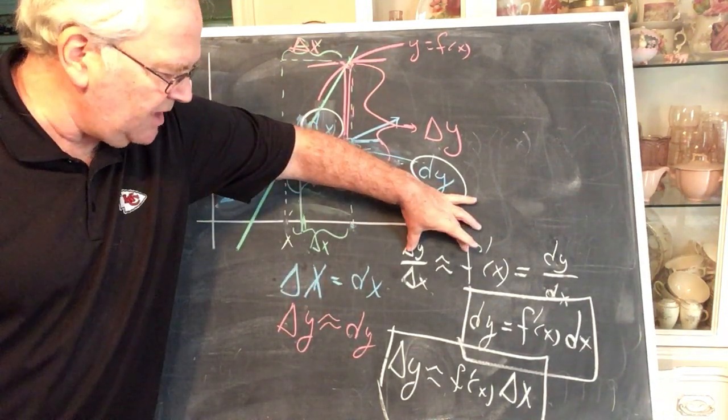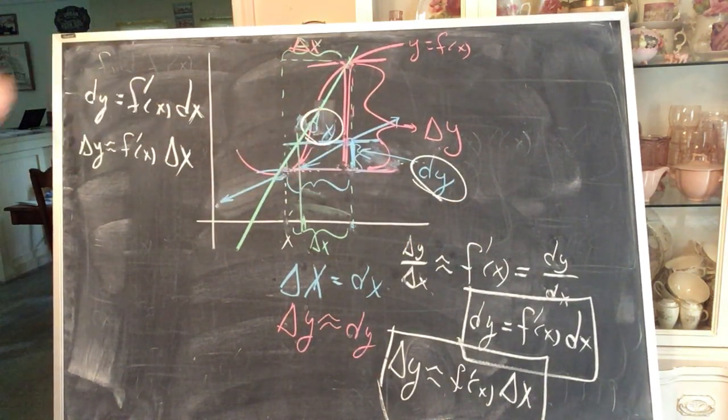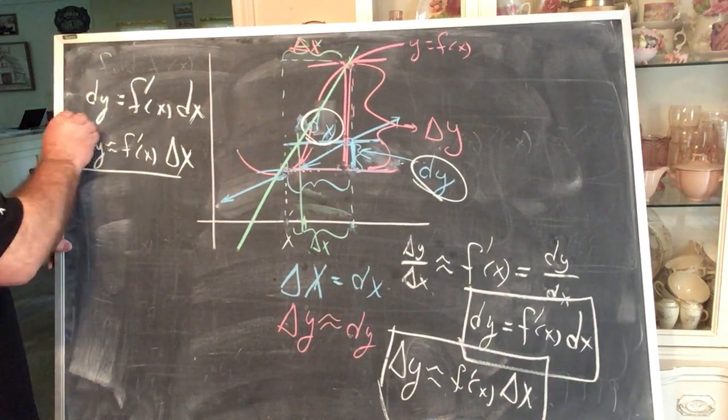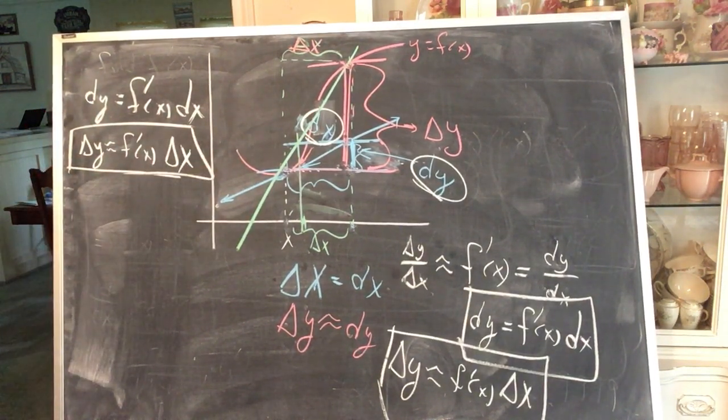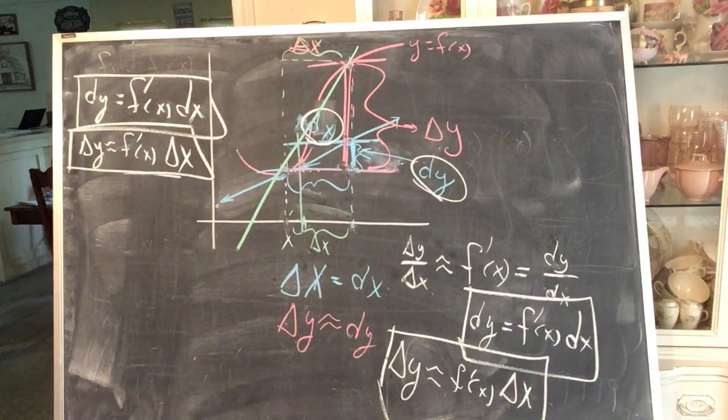And what we'll do is we will use this later on when we construct Riemann sums and do limits of Riemann sums. And then this expression gets used when we talk about definite integrals and integral computation later on.